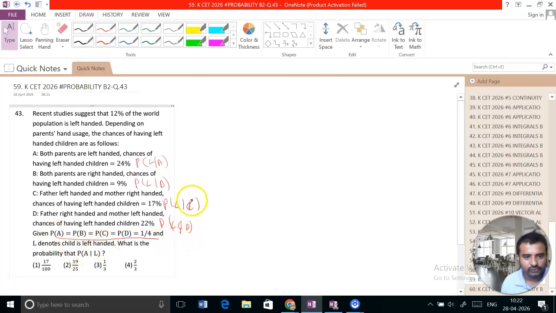We have to find out probability of A given L. So we can use Bayes theorem also.